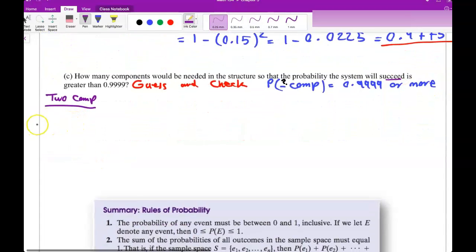We already know the answer from part B. The answer is 0.9775, and this is not enough because this is not equal to 0.9999. So this is not enough and we should continue.